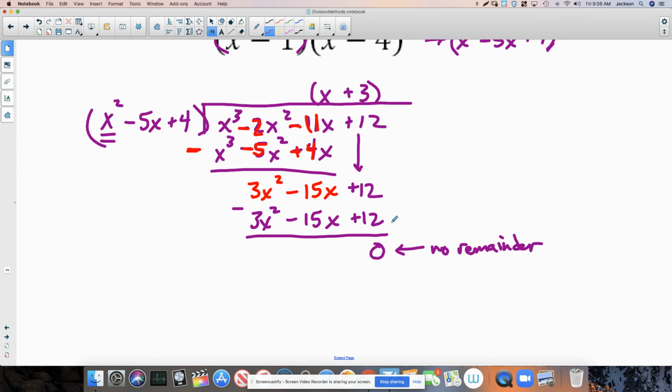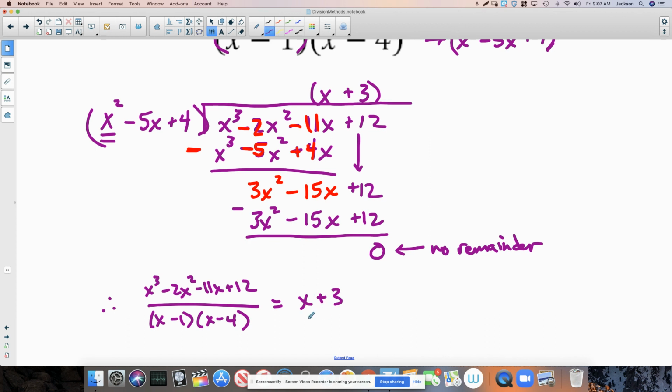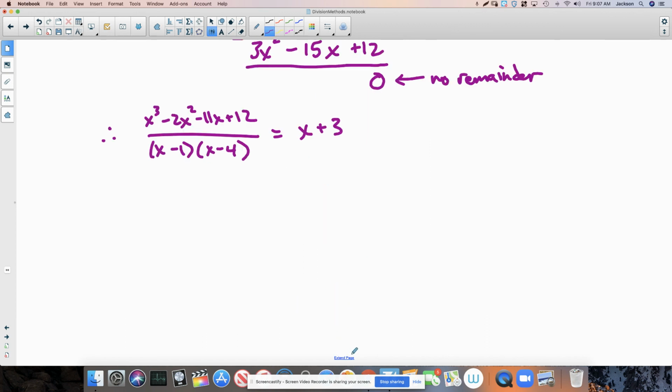So we can say here at the very end, you've got two ways of saying this. We can say that when we did this division, the result of dividing this by the x minus 1 and the x minus 4 was just x plus 3, relaying what the quotient is.